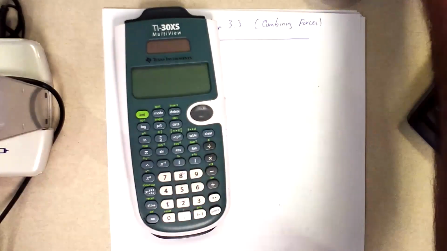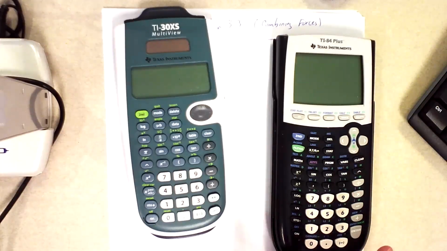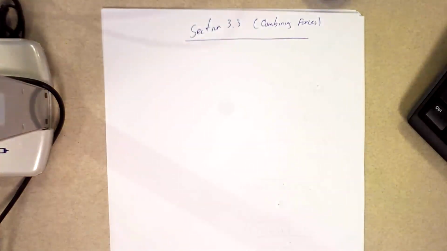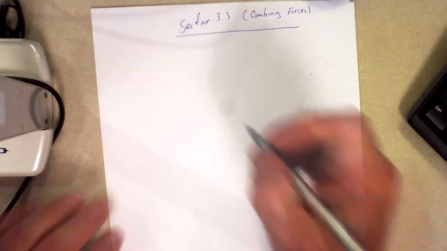I can show you how to use the graphing one, but if you don't have either of those two, you will have to research and find out how whatever calculator you're using has those specific functions that we're going to be using.